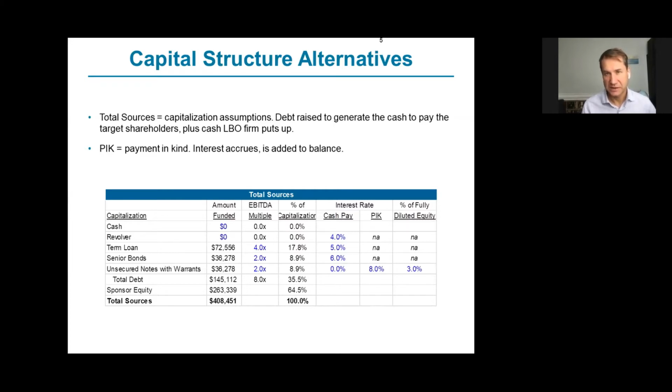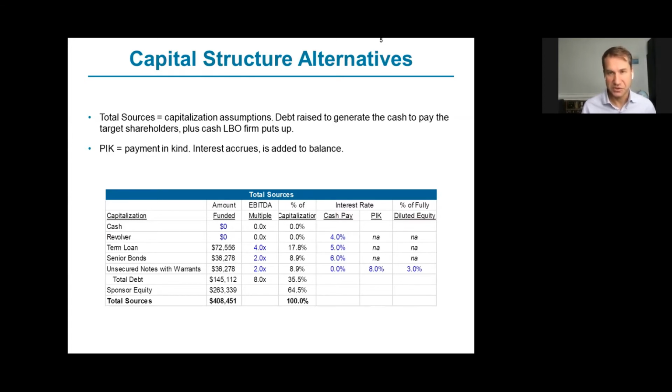In the order I listed these debt tranches, the riskiness of the debt increases and seniority declines. Basically, in a liquidation scenario, if the acquisition was to be unsuccessful, the term loan holders would get paid first, and then senior bond holders will get paid, and then unsecured notes will get paid, and then at the end, equity providers will be paid, right?